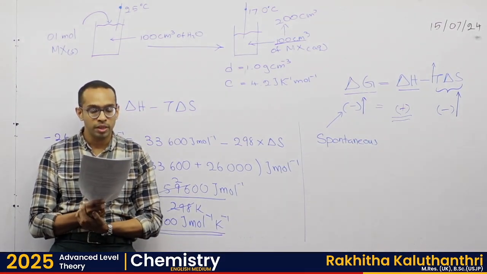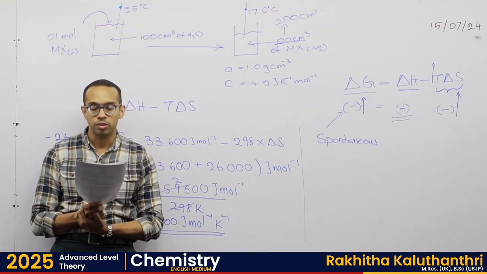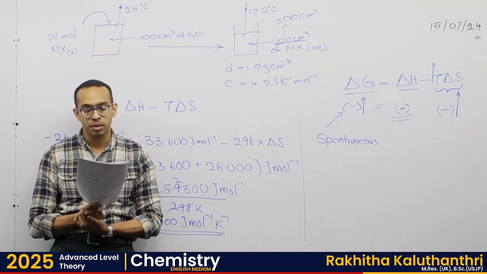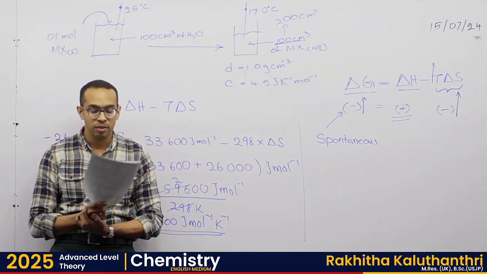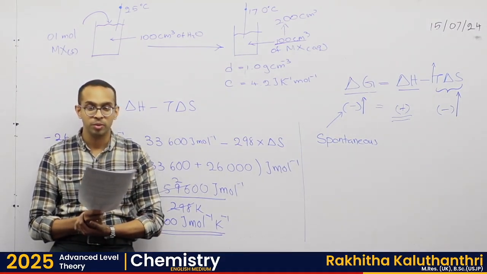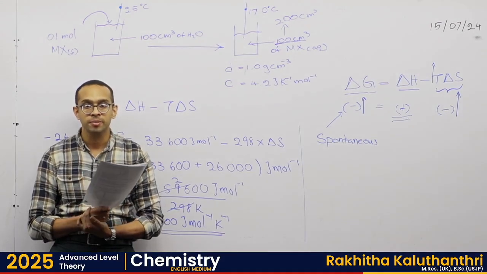So for the 11th one, take it that the entropy change at the two temperatures is not changing. Then at that point you can calculate the entropy change. Are we done with the fourth question, the 13th question? Shall we discuss?